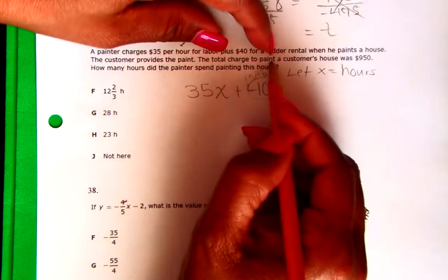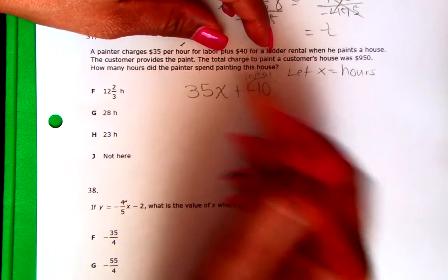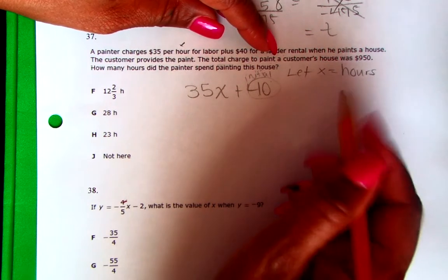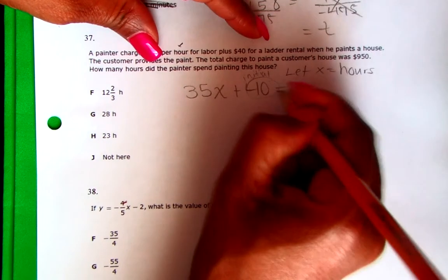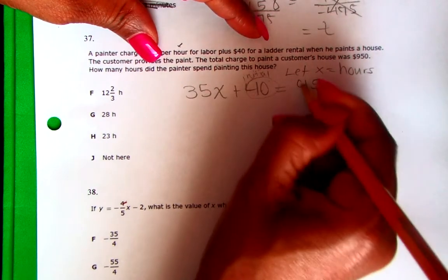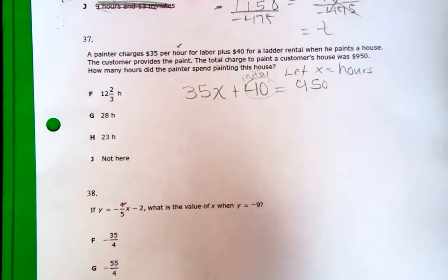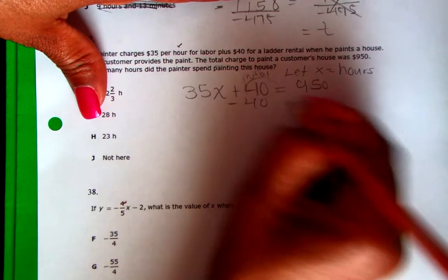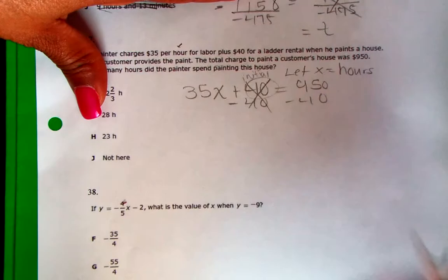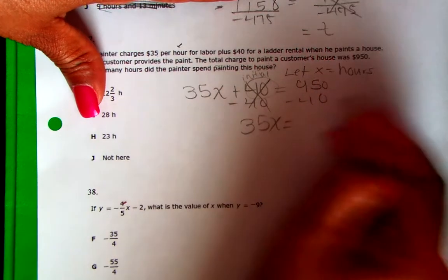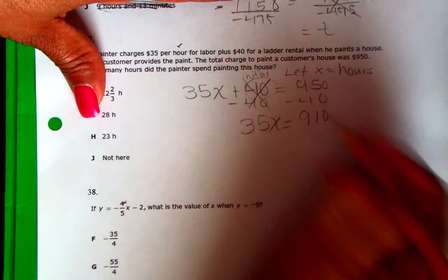The total charge, man, that ain't fair. Anyway, the total charge to paint a customer's house was $950. How many hours did the painter spend? So it's a two-step equation. Subtract 40 from both sides. The additive inverse cancels out, leaving you with 35x equals $910.